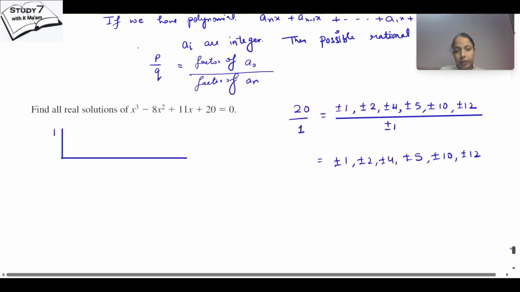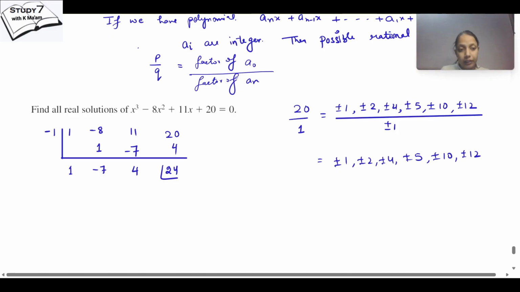I choose 1. Coefficients are 1, negative 8, 11, and 20. 1 comes down. 1 into 1, 1. Negative 7 comes down. Negative 7, 4. You are getting 24. The remainder is not 0. That means 1 is not a root.